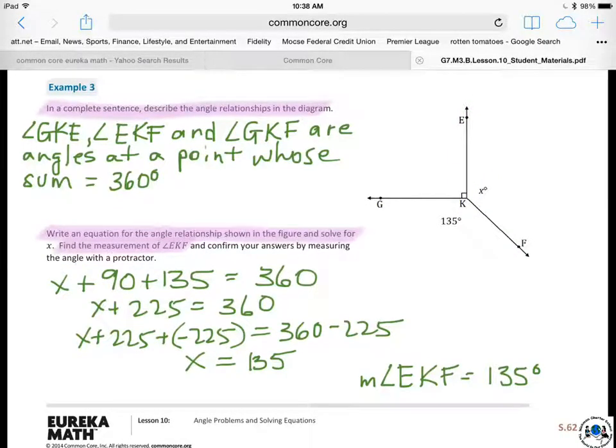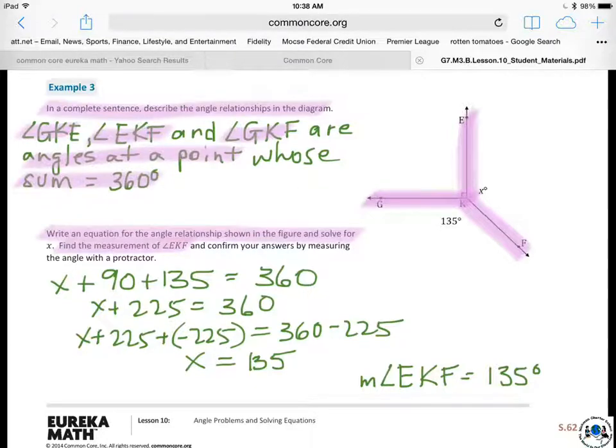Okay, so here we go. Here's my statement. Angle GKE, angle EKF, and GKF, which is over here, are all considered angles at a point, and we know that angles at a point have a sum of 360 degrees.